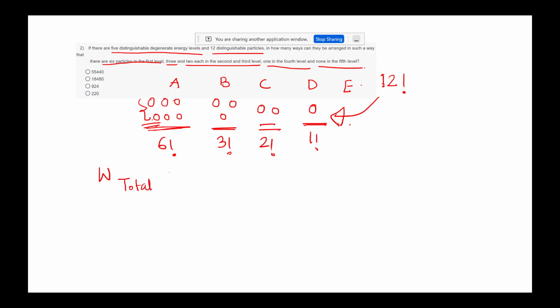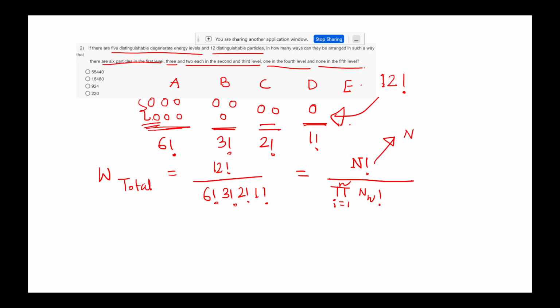W total is 12! / (6! 3! 2! 1!), or it can be written as N! divided by the product over i of n_i!. Here N means the total number of particles and n_i means the number of particles at level i.